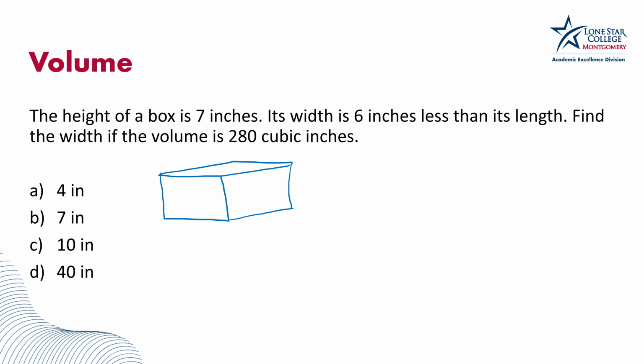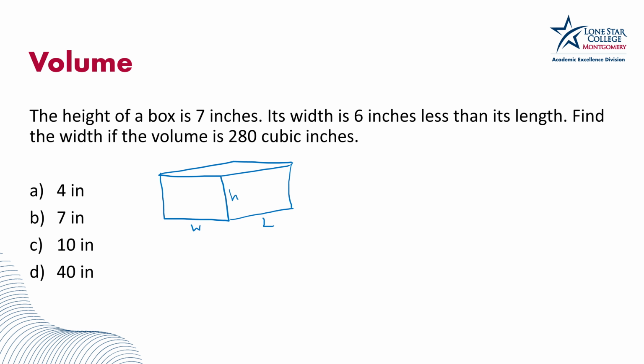It has a length, it has a width, and it has a height. So we can call this long side here our length, the shorter side our width, and the vertical length our height. So those are the 3 known quantities of a box.